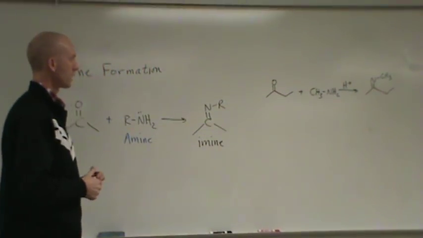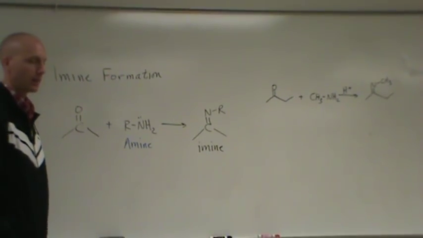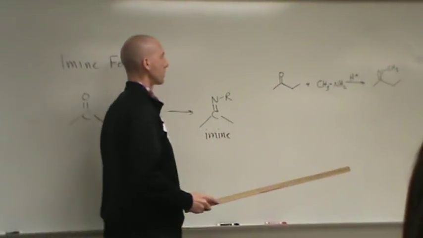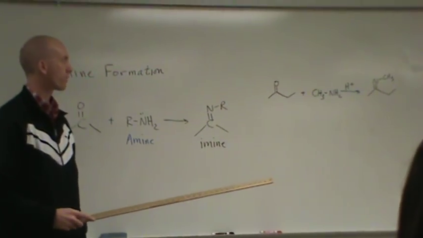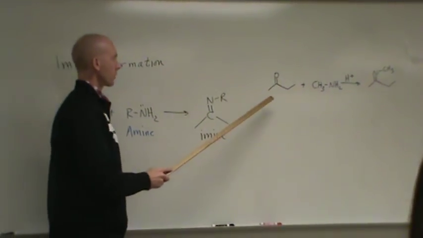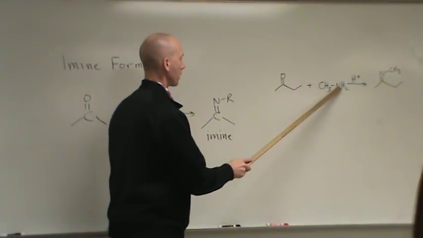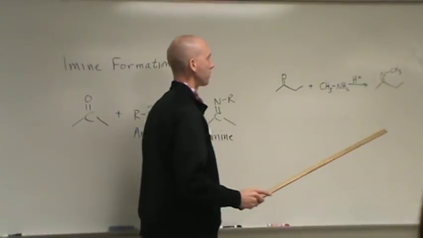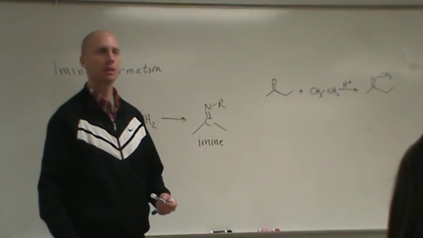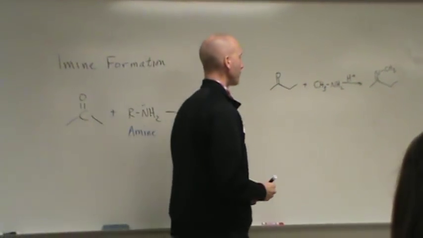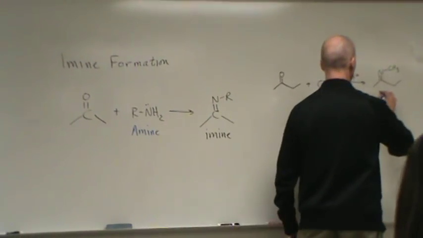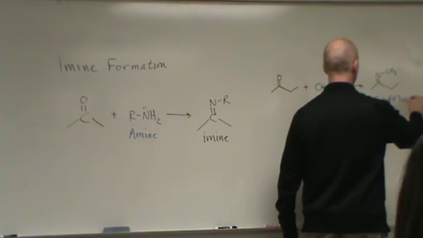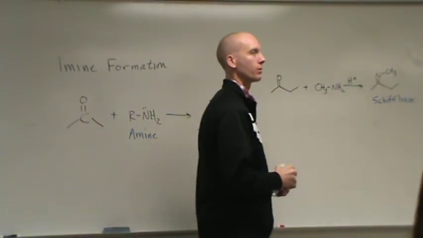Here's one example. Note that these reactions use an acid catalyst. Okay. So here you have an alkyl group on the nitrogen to give you this kind of imine. Okay, this kind of imine is what's called a Schiff base. Okay?